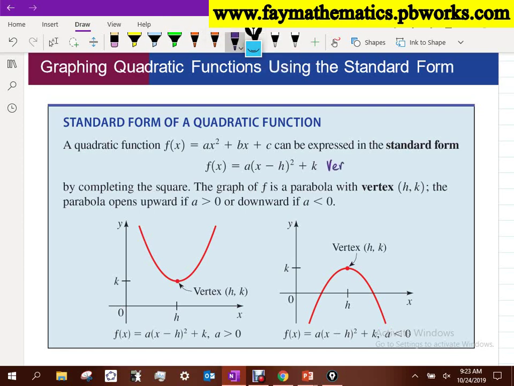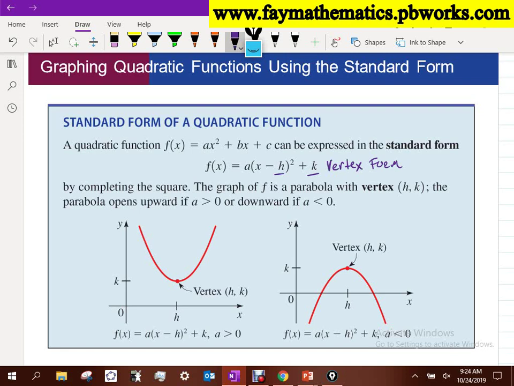But the second reason, and maybe the more important reason, is that those two things right there actually tell me what the vertex is. If we understand our transformations, when I subtract h from x before I run it through the power of 2, before I do that parent function to it, isn't that going to move it horizontally?